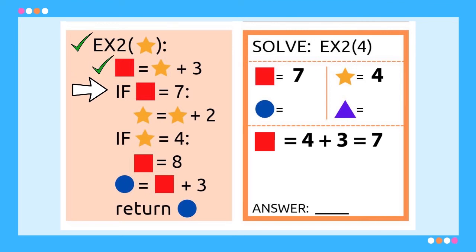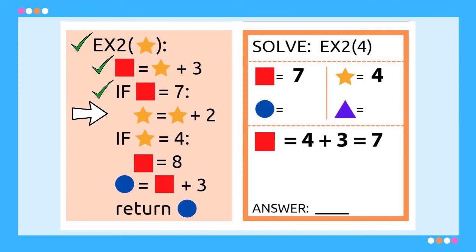Next, we have an if statement within this function. Remember that with if statements or conditional statements, you only complete the indented steps if the top line is true. So here, we check whether rectangle equals 7. Looking at my variable space, it does, so we should do the line under it. So star equals star plus 2.